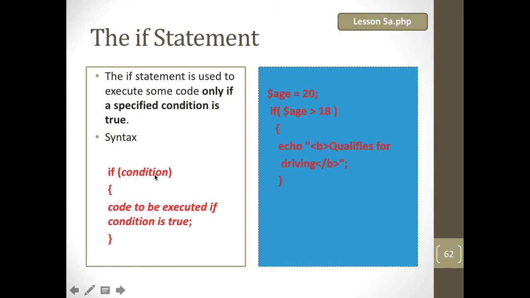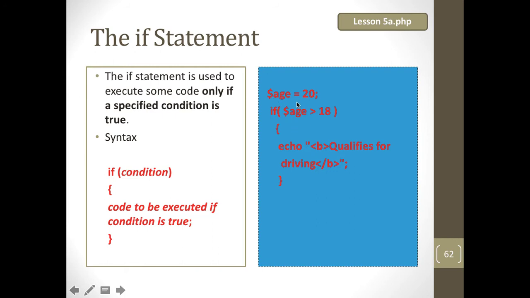You see here, the variable age, the dollar sign representing variables in PHP, age greater than 18, and if the age is greater than 18, it will print, or echo here in PHP, qualified for driving, right? So it's quite a simple logic.